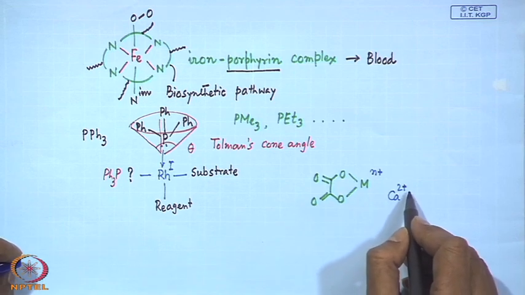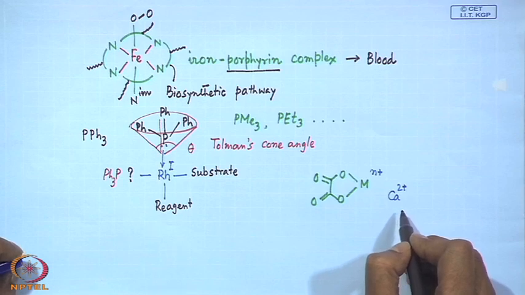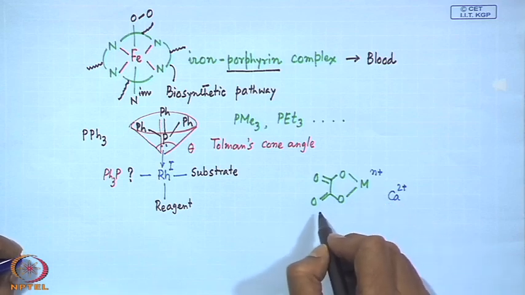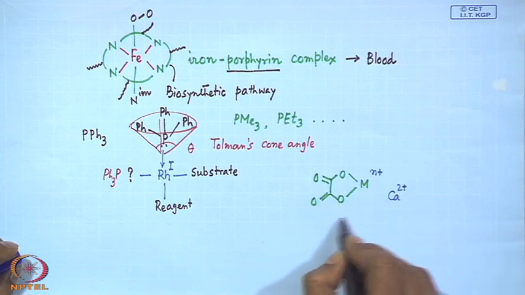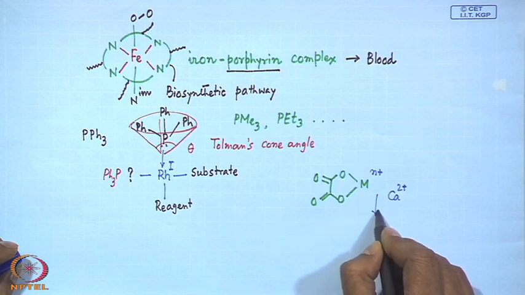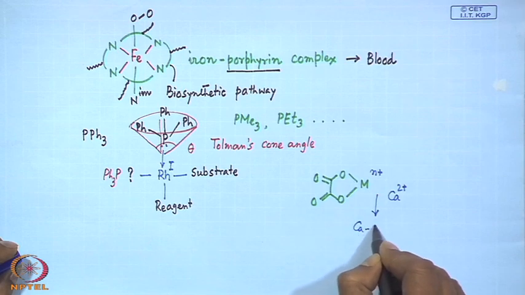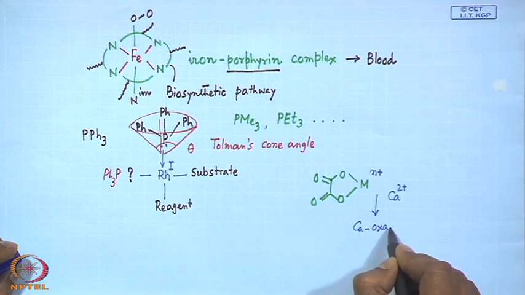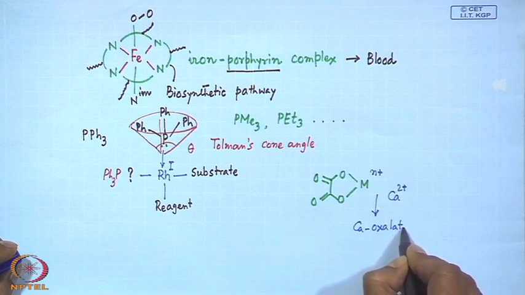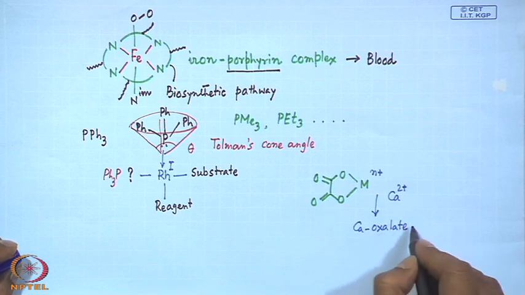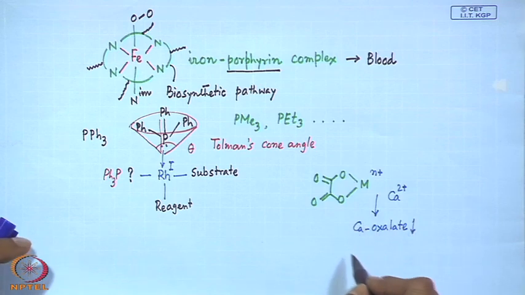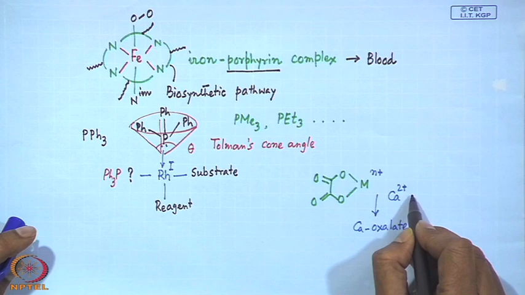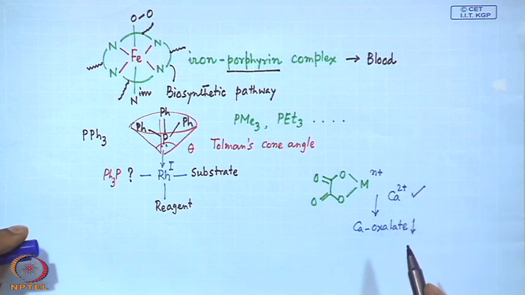If we have an unknown amount of calcium in a solution, we add the sodium salt of the oxalate anion or oxalic acid, and at a particular pH calcium oxalate is precipitated, and we filter it out. This is basically the precipitation, and if we take the corresponding weight, we can find out the concentration of this calcium 2 plus.